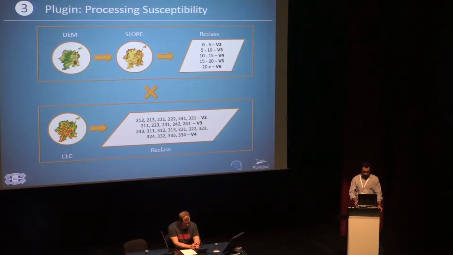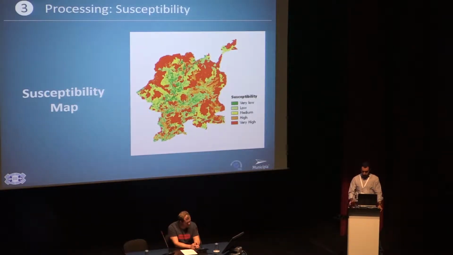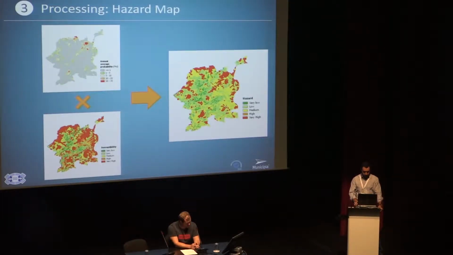The land use cover is also reclassified with the reclass GRASS tool with the classes established in the technical guide. The result is the map that shows us the reclassified susceptibility.